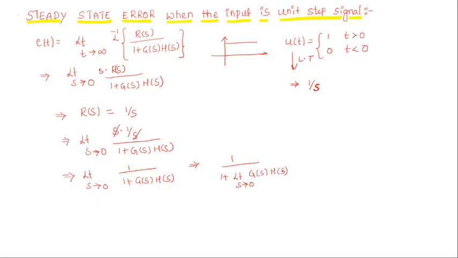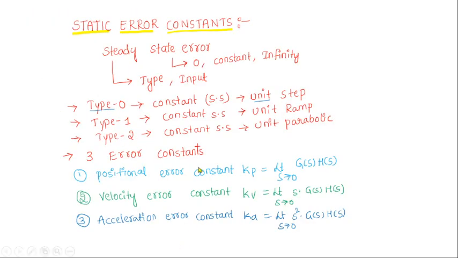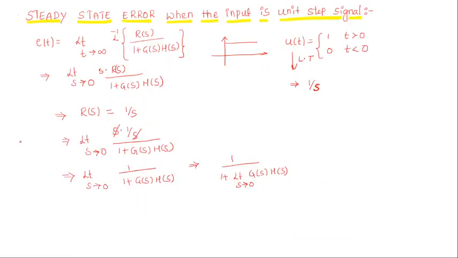In the previous video we already discussed that limit s tends to 0 of g of s into h of s is nothing but Kp, the positional error constant. So in place of this, just substitute Kp, giving 1 by 1 plus Kp.